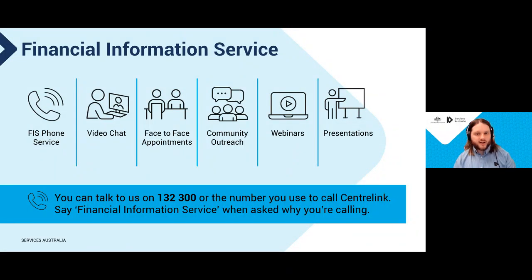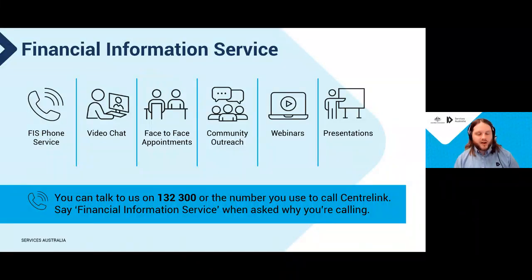Now, if you are looking to access the financial information service, there's a number of ways you can do this. We spoke before about how we have a phone service. You simply call the number that you call when you are wanting to speak to Centrelink, and when asked why you're calling, say Financial Information Service, and you'll be directed straight away to one of our Fizz offices all across Australia.